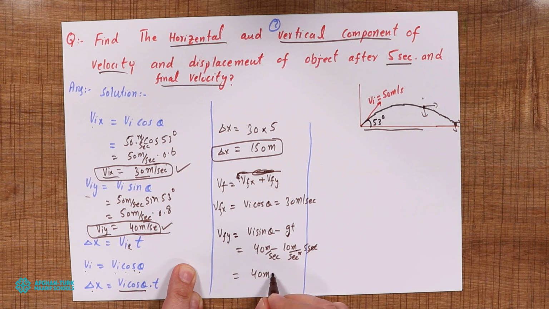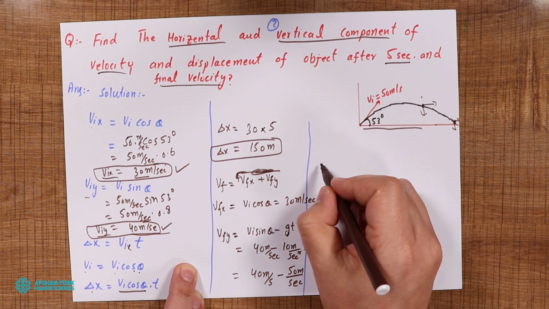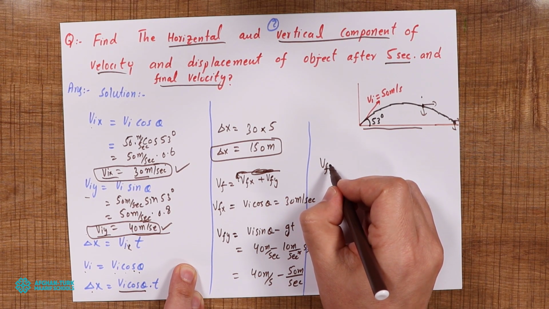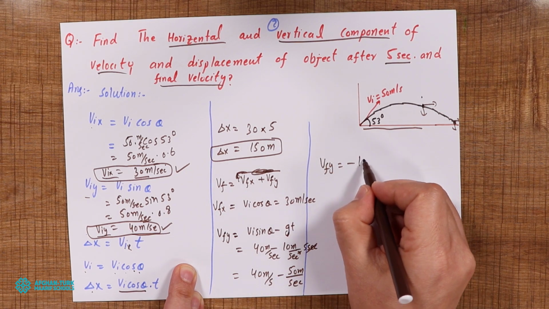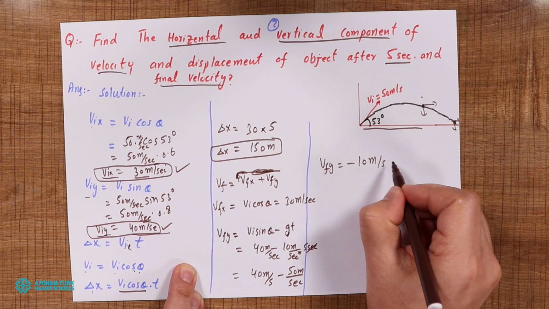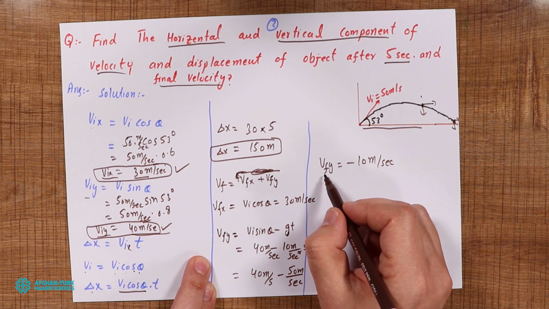So now 40 meter per second minus 50 meter per second. So the second component of the final velocity, vfy, will be equal to minus 10 meter per second. So this is the vertical component of the final velocity.